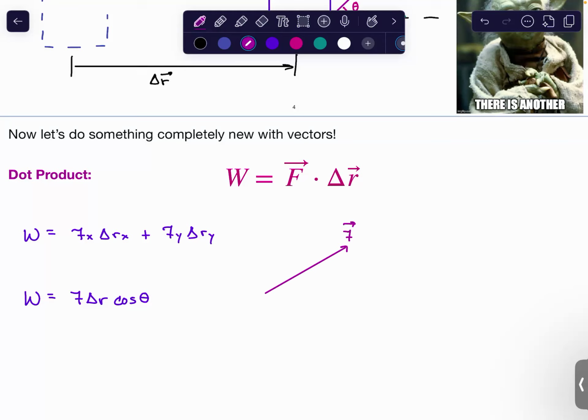Say that's your force vector, and that's your displacement vector. Your dot product will be the magnitude of one times the magnitude of the other times the cosine of the angle between the two vectors. So these are just two different definitions for the dot product.